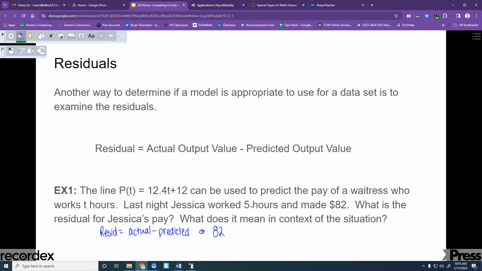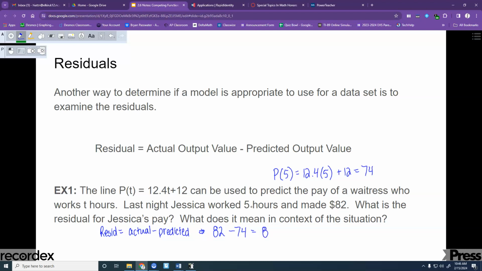Plug 5 into t. So if we do that, P of 5 is going to be 12.4 times 5 plus 12. Somebody that's got their calculator out, what is that? Is it exactly 74? Okay. So we would subtract 74, and we would get 8.